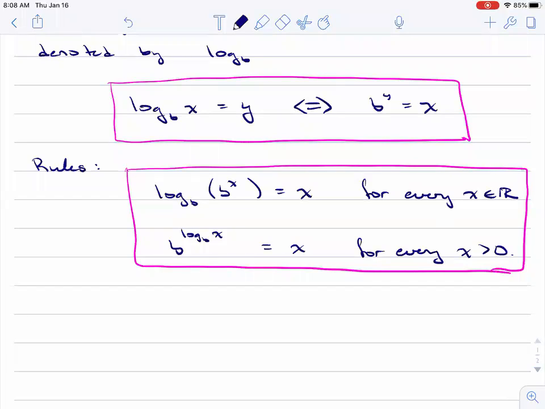So we'll see later how this is going to help us bring that x down, because it's in the power or it's inside the log, and how do we shake it out? These are going to be the building blocks towards solving for x.